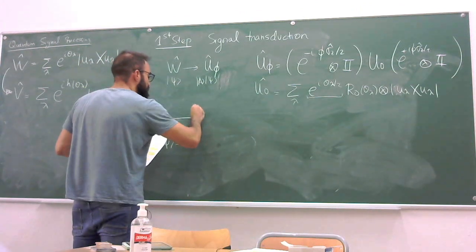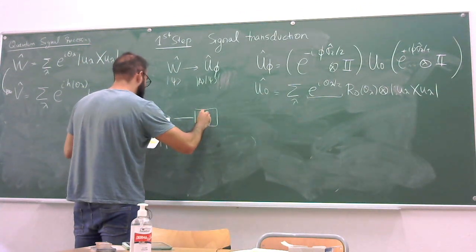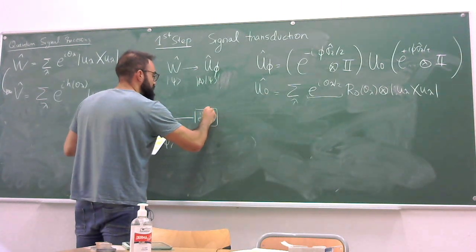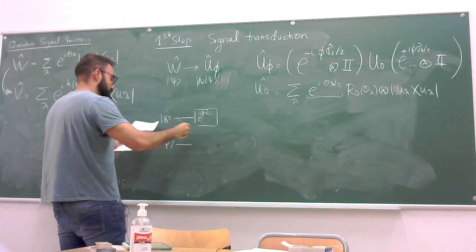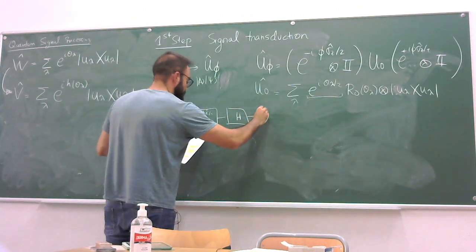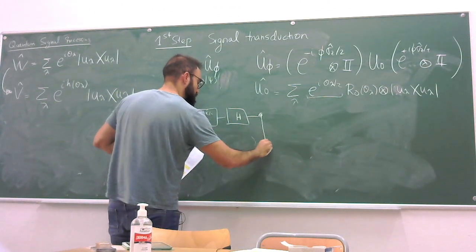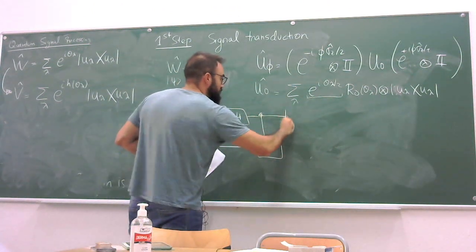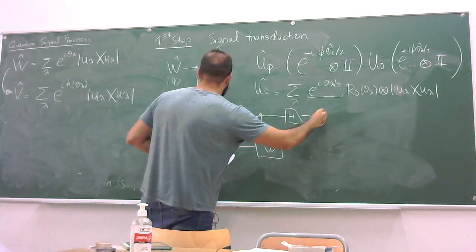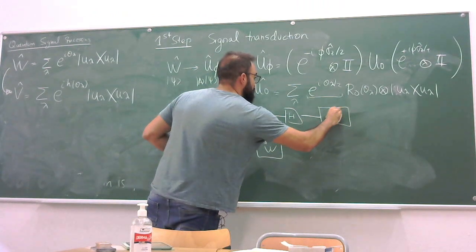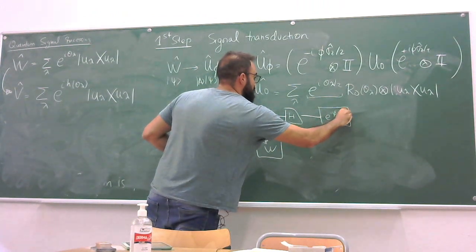So basically, here we have the phi sigma 2. Then we have the Hadamard gate and the controlled version of W, H, and a minus.